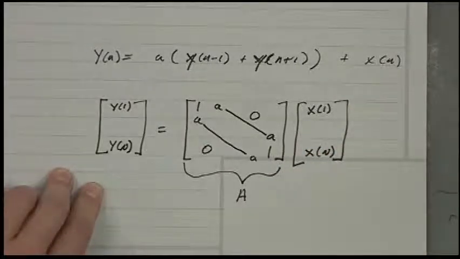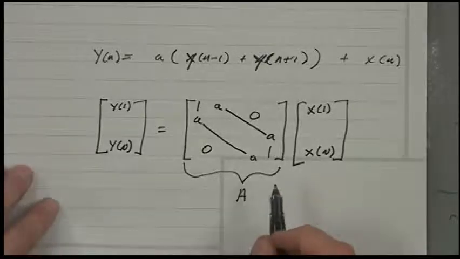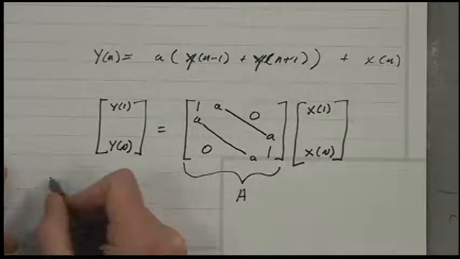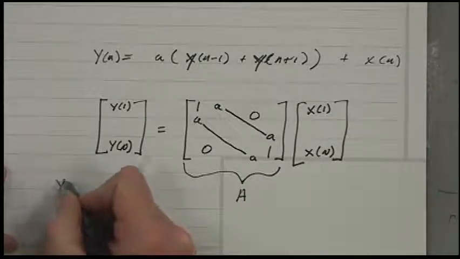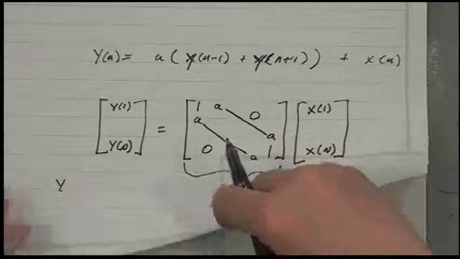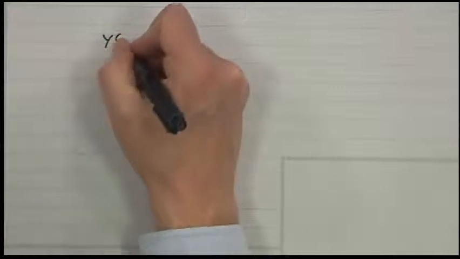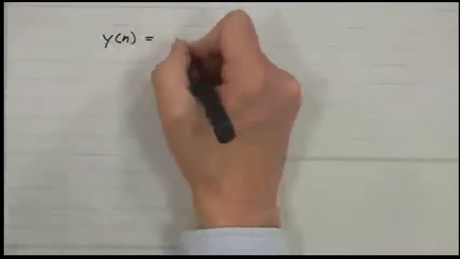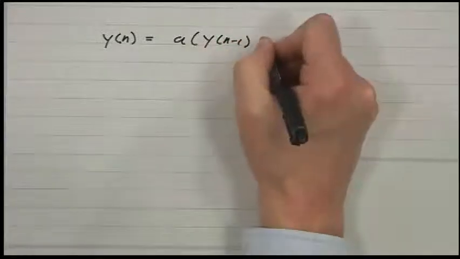Oh, I'm lying. I keep doing this. Okay, but it's still true. Let me do that one more time. That is different. I botched this so badly, I'm just going to have to rewrite it. Okay, y of n, y of n minus 1 plus y.